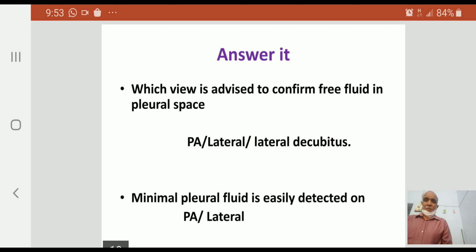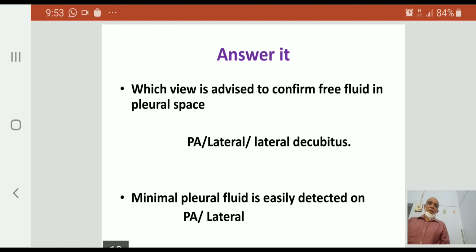But with the same amount of fluid, in the PA view we can't see obliteration of the CP angle, so we may say the X-ray is normal while the patient has complaints. When the X-ray is taken in the lateral view, we confirm the patient has effusion.